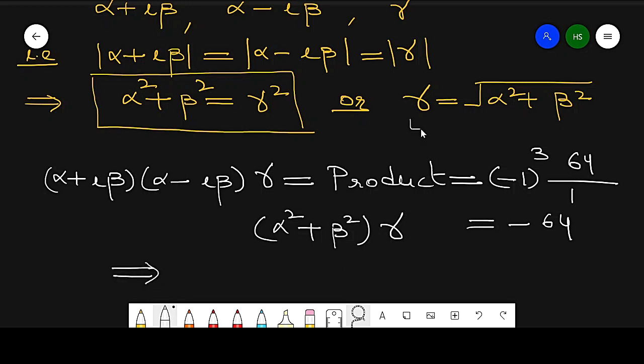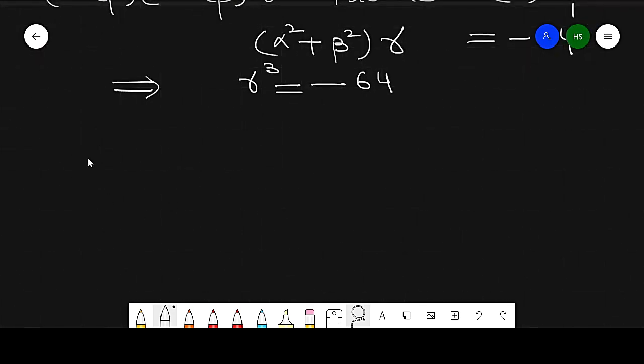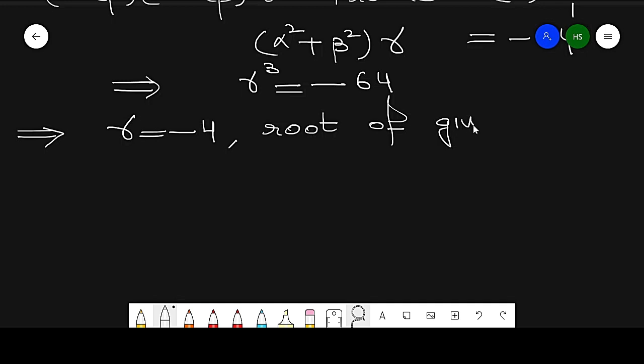Substituting the value of alpha square plus beta square, it will become gamma cube, which is equal to minus 64. So one of its roots is minus 4. So we get one root which is minus 4, and this is a root of the given equation, equation number 1.